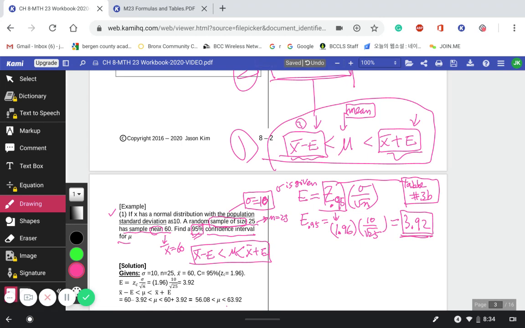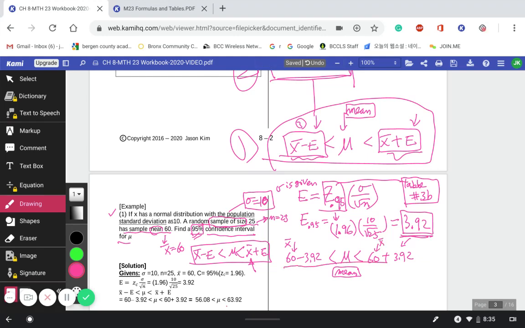So now you're going to estimate the mean value in the range of x bar, which is 60, plus 3.92 and x bar minus 3.92. This is the sample mean.